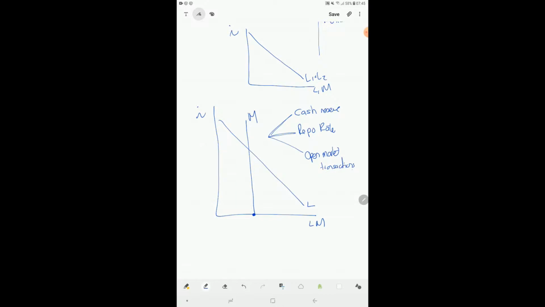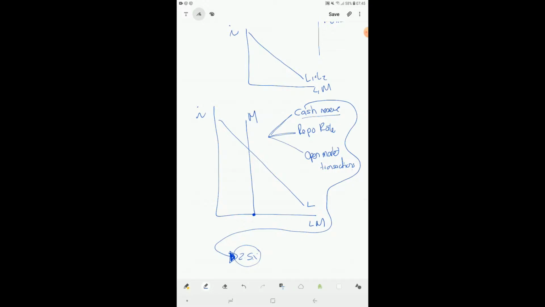Right. So with regards to the cash reserves, a cash reserve is a reserve that the banks are required to hold. So if you go and deposit 100 Rand in the bank, the bank is obligated by law to keep 2.5% of that 100 Rand in the bank account. The rest they lend out, they make money.